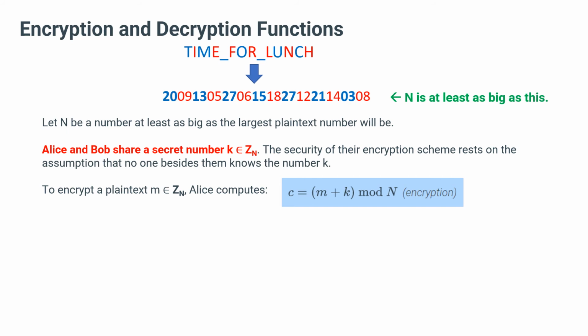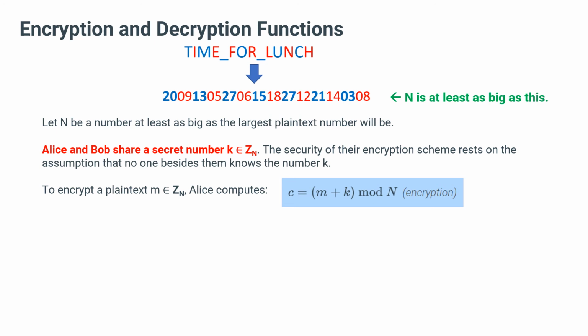To encrypt a plain text, and we're going to call that M. So in this case, our M is the 20091305 blah blah blah. To encrypt that, and that's going to be a number that's less than or equal to this capital N, Alice is going to compute a new number called C. Okay, so we know M is that big number 2009. K is that secret number K that only Alice and Bob know.